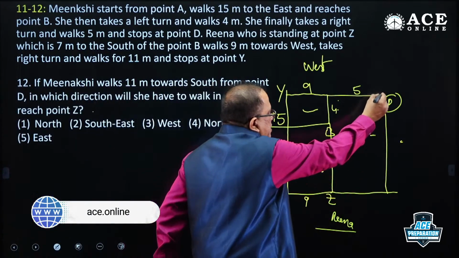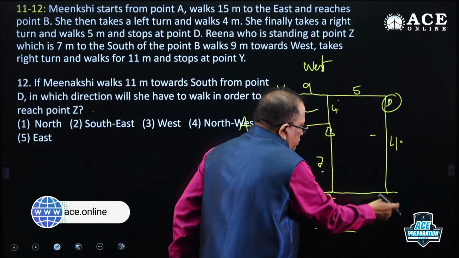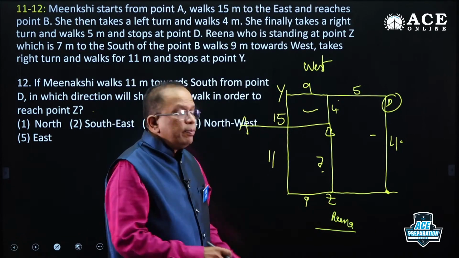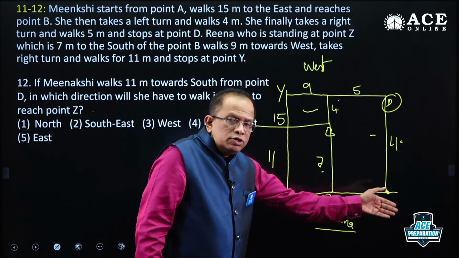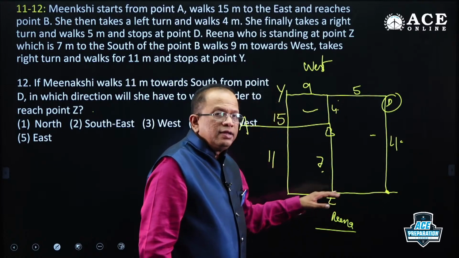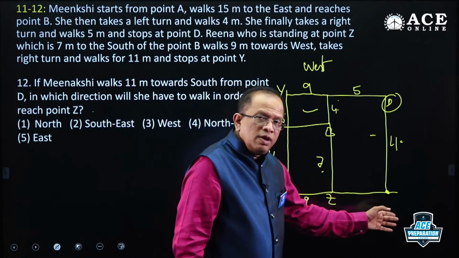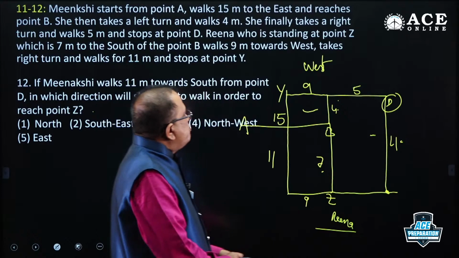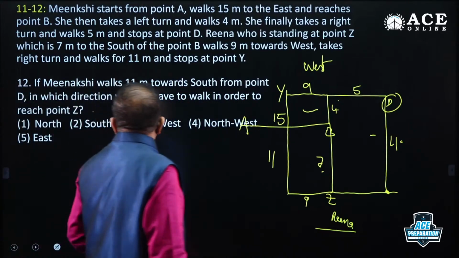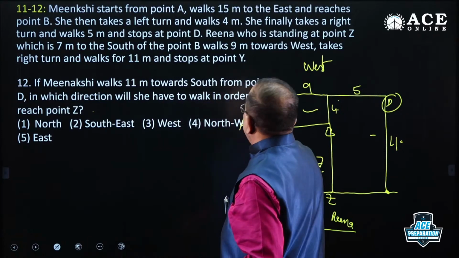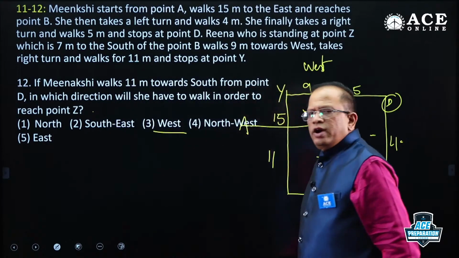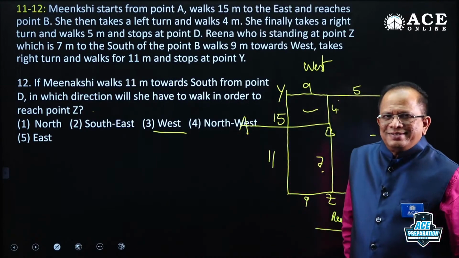From here, 11 she walked down towards south. Now she is here. From here, if she has to go to point Z, in which direction does she have to walk? Where is Z? Z is toward the west of this particular point. That means west is the answer. Fine. So do you have that? In order to reach point Z, west is the answer. Choice number 3 is the answer. Okay.